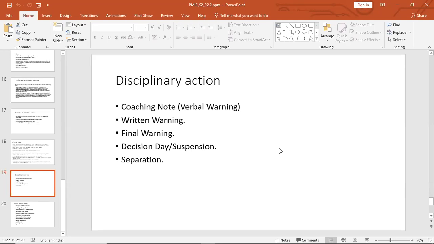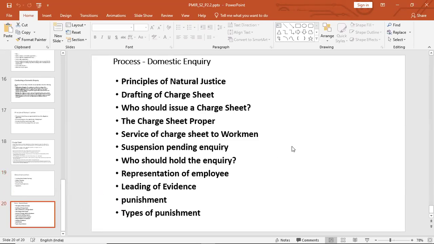Then the process of domestic inquiry. We studied all these things.